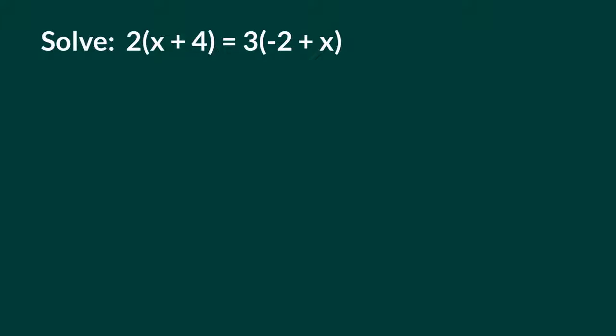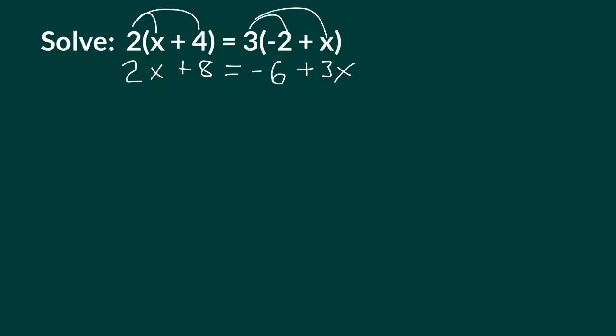So we are going to distribute both of these to eliminate the parentheses. That gives me 2x plus 8 equals, and 3 times negative 2 is negative 6, and 3 times x is 3x.